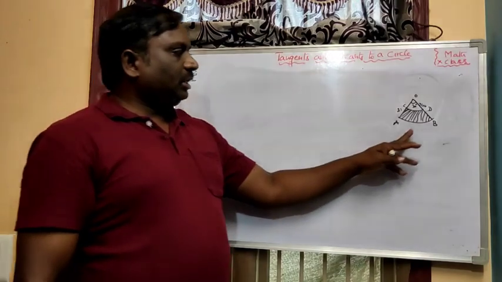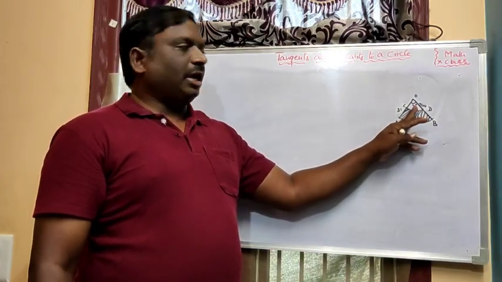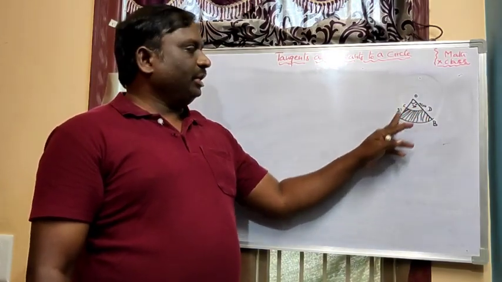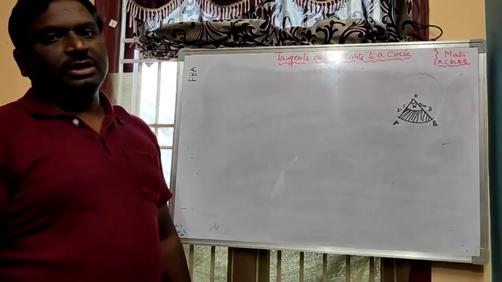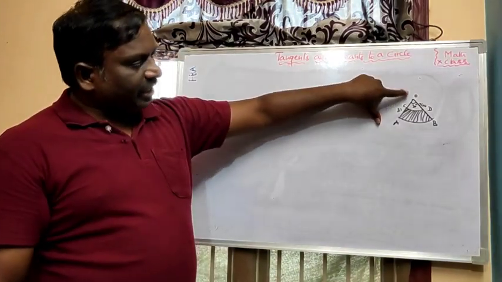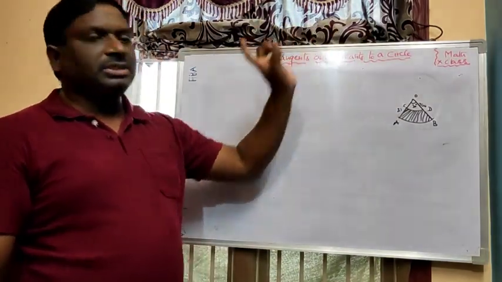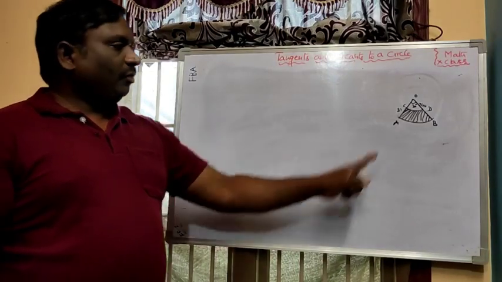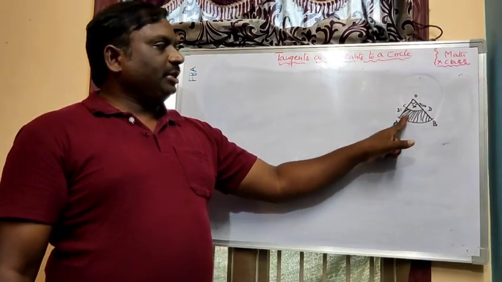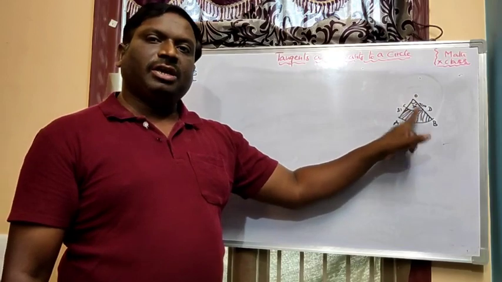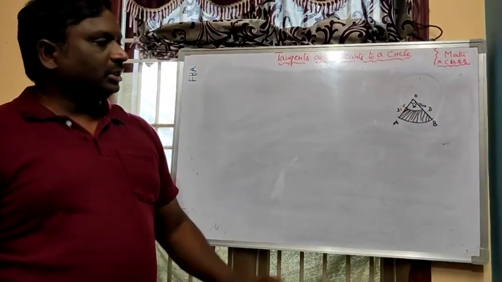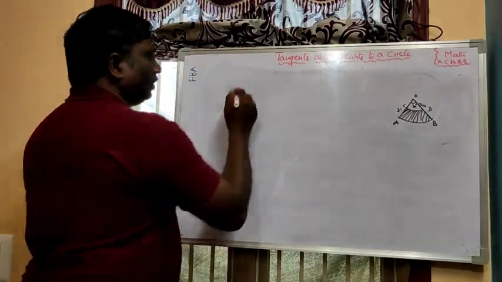Both sectors are having an angle of 30 degrees with different radii. Bigger sector radius is 21, smaller sector radius is 7 centimeters. To find the area of shaded region, area of bigger sector minus area of smaller sector.